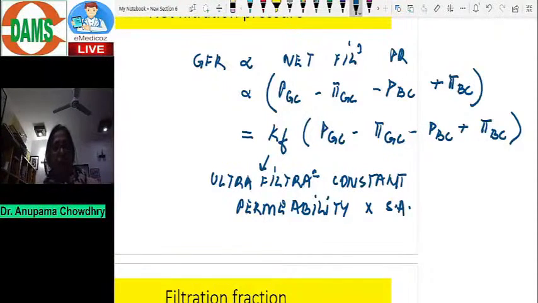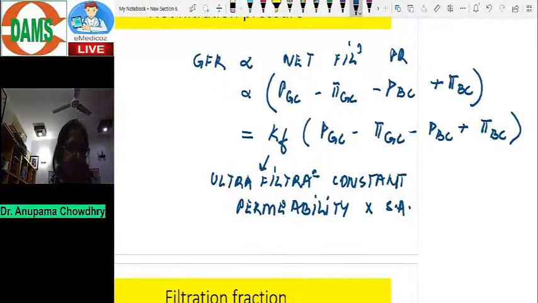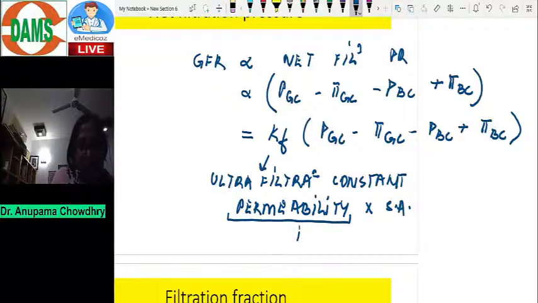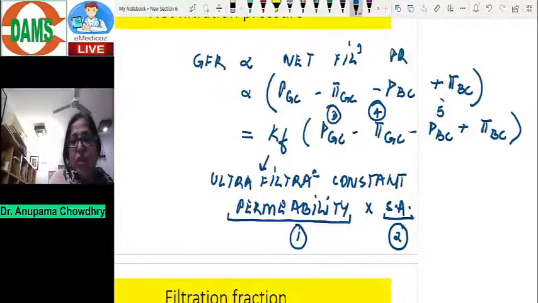So these are the factors which are going to affect GFR. Capillary permeability will be the first one. Number 2, surface area. Number 3, hydrostatic pressure of the glomerular capillaries. Number 4, pi GC, PBC and pi BC.